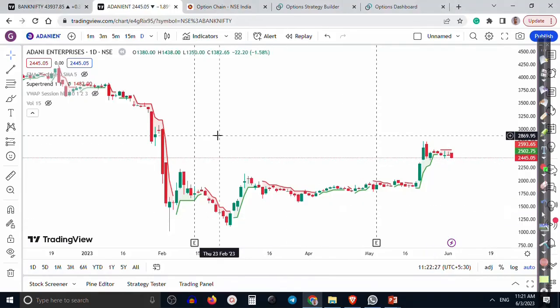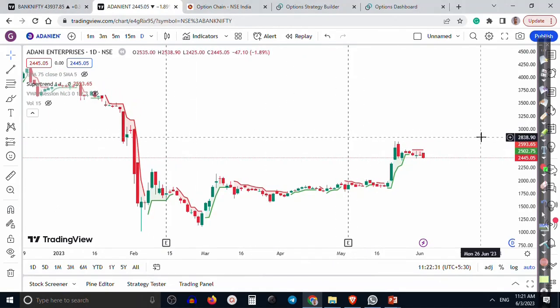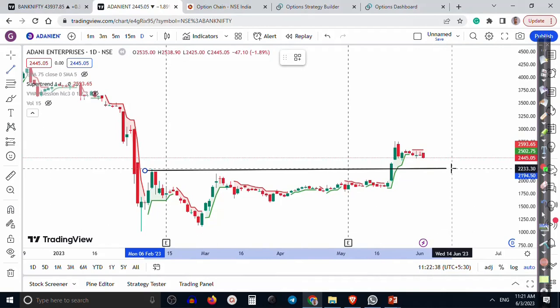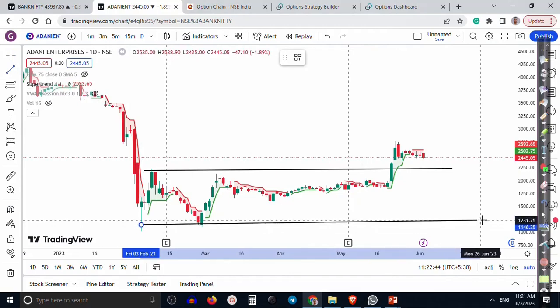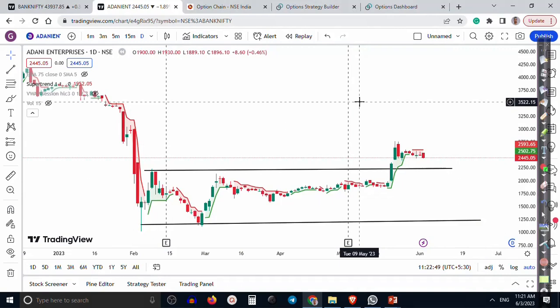Let's say this one, Adani: implied volatility is high, and this is the market range. They already broke this range, and we anticipate that the market will continue toward the upside. So we will select a far out of the money strike with delta near 15 to 16.